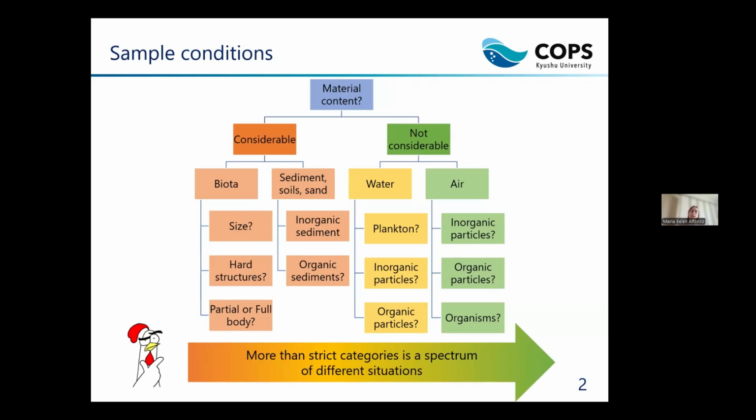For every situation, you need to consider what you should do next and how you should consider the sample processing. In this presentation, I cannot address all the types of samples and all the types of conditions, but I will try to summarize for biota, sediments, soils and sands, and water samples as an example. But remember that every condition is different and you might need to consult more about your particular sample later.